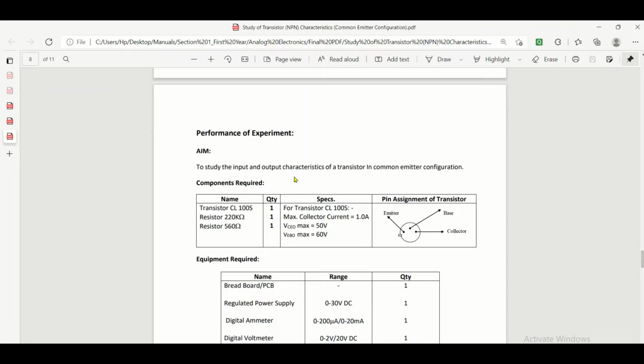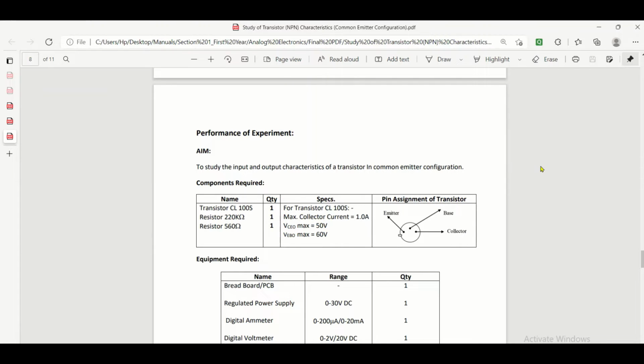Now you see the components that will be required: transistor CL100, which we will be using for this experiment. The resistance values required are 220 kilo ohm and 560 ohm. In our case, we have used 100 kilo ohm and 1 kilo ohm.